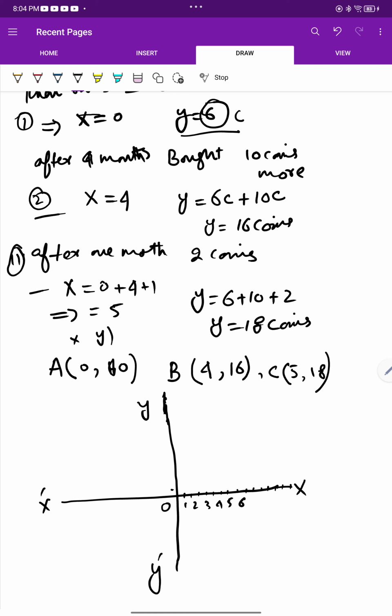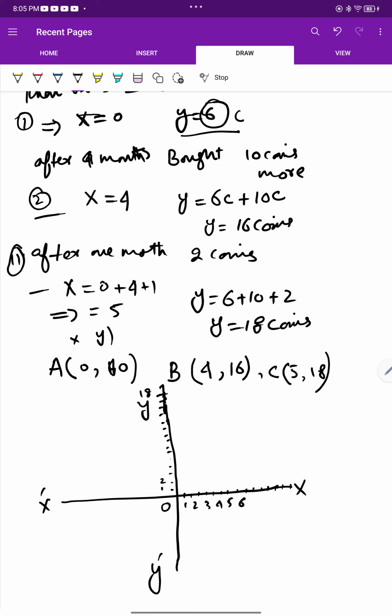So let's start. For example, it starts from 1 and 2, and let's say the 18 is here. This is an example so that you can understand it.